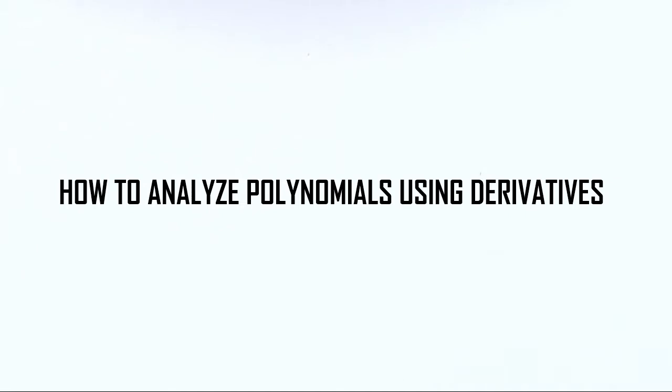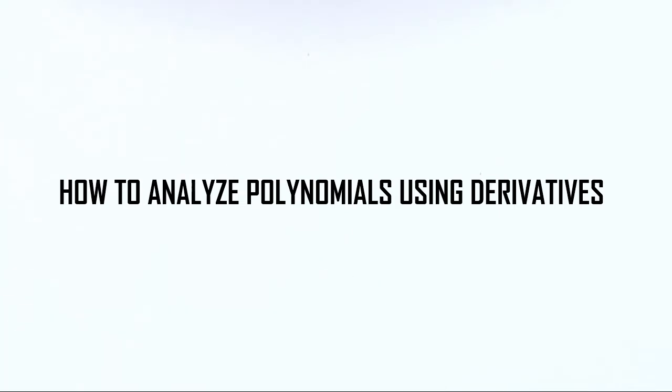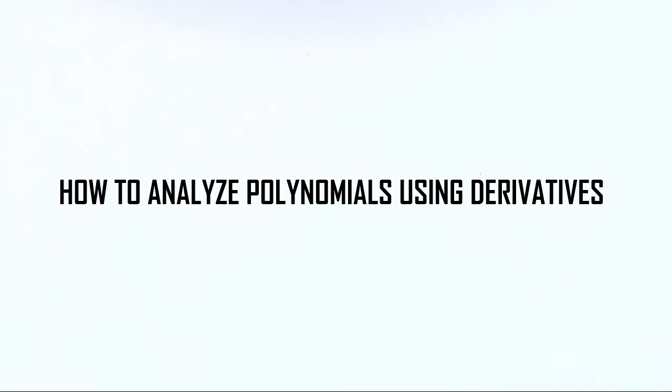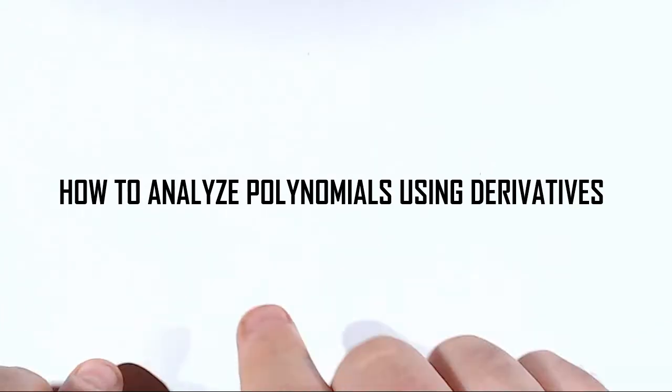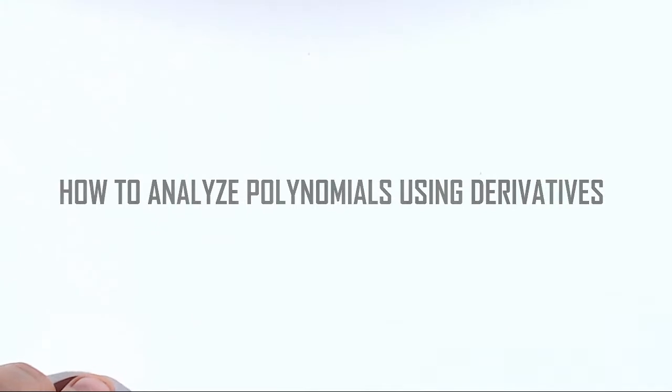The key thing that we're going to analyze in our polynomials, in this case quadratics, by taking the derivative, is how the slope of a derivative line changes as you move along the x-axis. So let's get into that and see what it looks like in practice using an example.